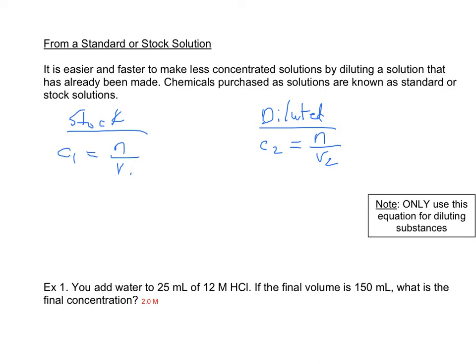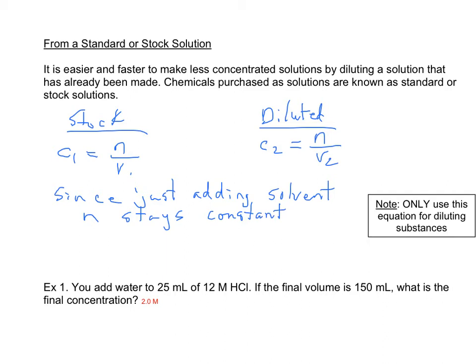Now, since in a dilution we're only adding more solvent, the number of moles of solute doesn't change. Let's rearrange each of these equations so that it says n equals.